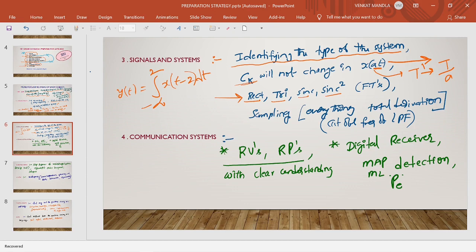You will find these kinds of signals everywhere in communications. So we are also focusing more on these types of signals only: rectangular, triangular, sinc, and sinc square.